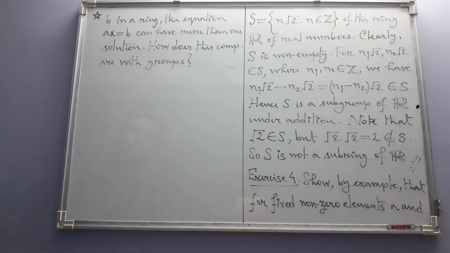Okay, so that means A and B are fixed non-zero elements. Oh, I forgot to consider the non-zeroness here. I have one solution, but here I have of course taken A and B both to be equal to 0. I forgot the non-zeroness here, so that means this solution will not work.